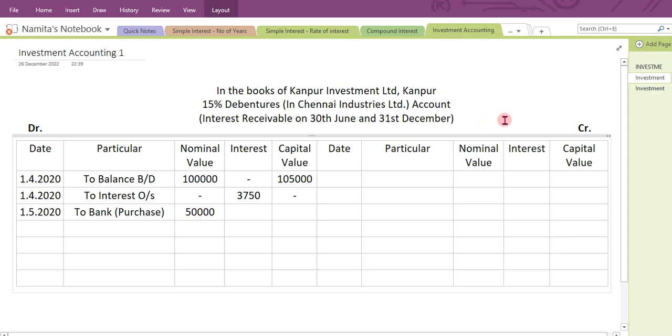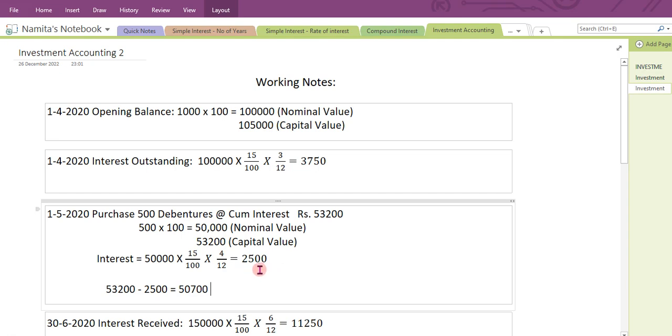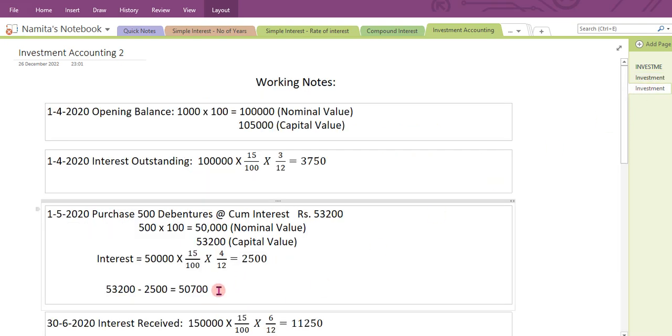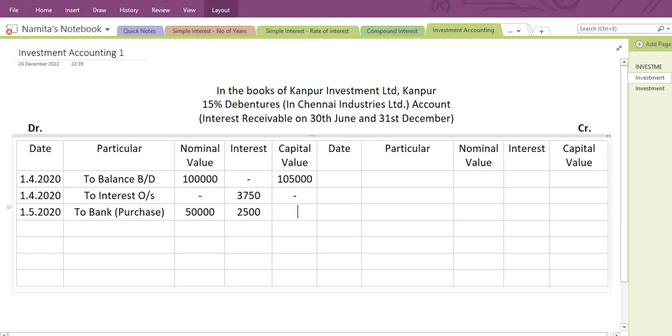Then interest on these 500 debentures is 2,500, so write 2,500 as the interest. Next, capital value. Which capital value will you write? You will write the value remaining after reducing the interest from the capital value. The original capital value is 53,200 minus 2,500, so remaining is 50,700. So 50,700 will be the new capital value, so you will write 50,700. Clear? You will do this in the case of cum interest only.